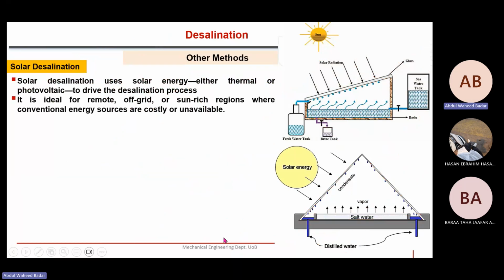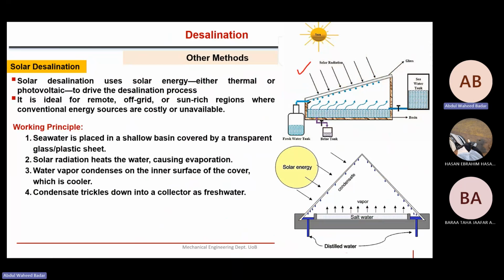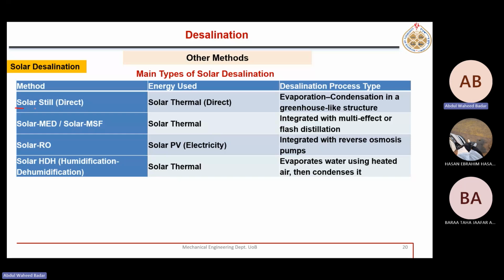So here is a brief explanation of solar desalination. All right. Here is a summary of this solar desalination system. We can use solar still, the direct use of solar energy. Solar desalination is also called solar still.